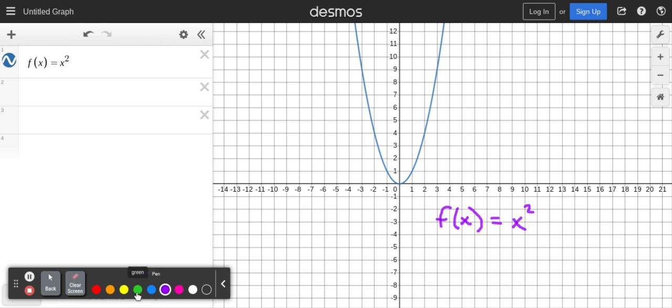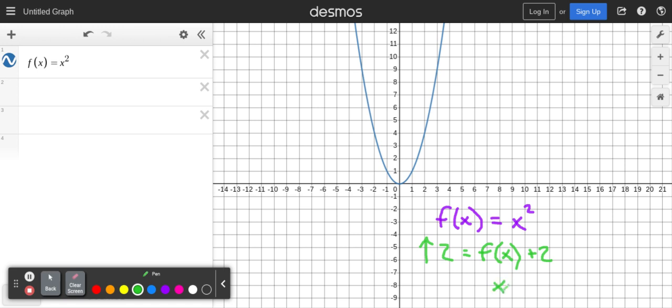So let's say hypothetically we want to vertically translate up by 2. If we want to go up by 2, we're going to take f of x and add 2. Well, what is f of x equal to? f of x is equal to x squared.